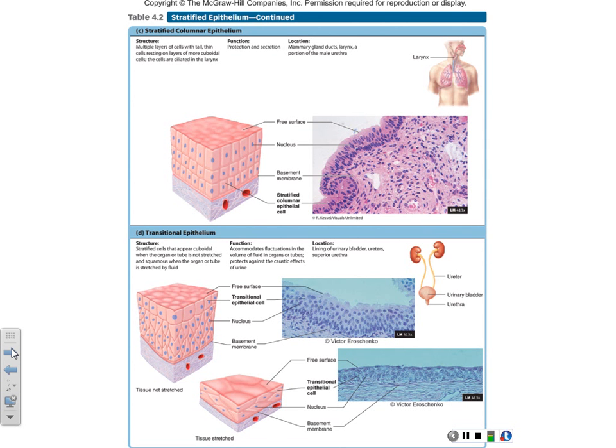So if it's a very small flat cell, you're not going to have many portions to be pinching off of those cells. So they tend to be longer, cuboidal or columnar cells. Right? So you pinch a part of that cell, you still have some cell left. So this is production, secretion.